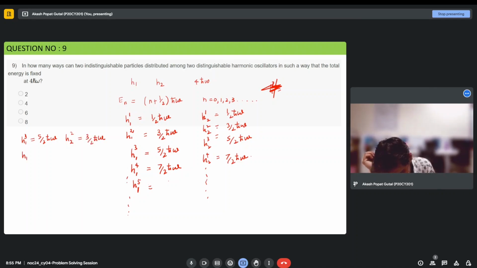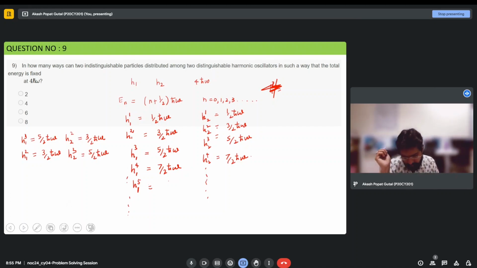Similarly, H1 at 2 is 3/2 ħω, and H2 at 3 is 5/2 ħω. Okay, this fulfills the condition. Similarly, we can say 7/2 and 1/2.